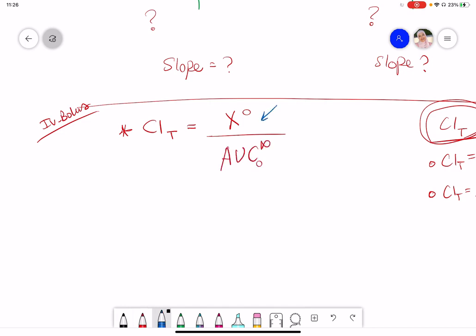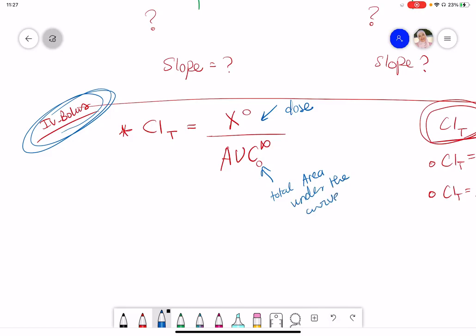X is the initial amount of the drug, which for an IV bolus is the dose, and this is the total area under the curve. We will talk about this in detail in a couple of classes.